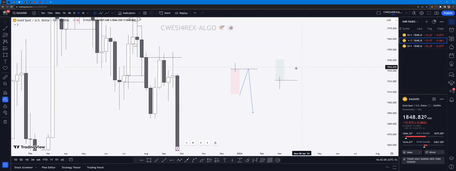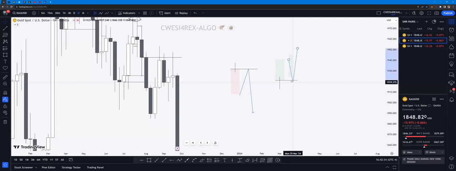Then when the next candle opens, price comes to mitigate this and goes up. So we have this mitigation of this gap level, right?